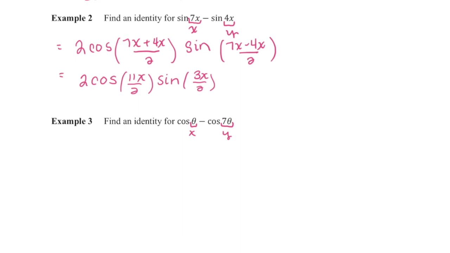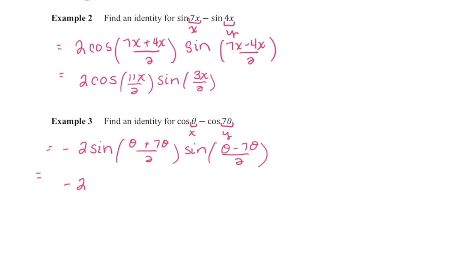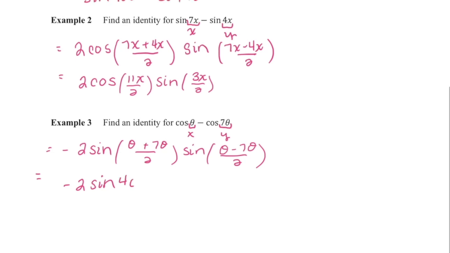And utilizing the bottom sum to product identity, we'll have negative 2 times sine of theta plus 7 theta over 2 times sine of theta minus 7 theta over 2. I'll have negative 2 times sine of 8 theta over 2, which simplifies to 4 theta. And theta minus 7 theta gives me negative 6 over 2.